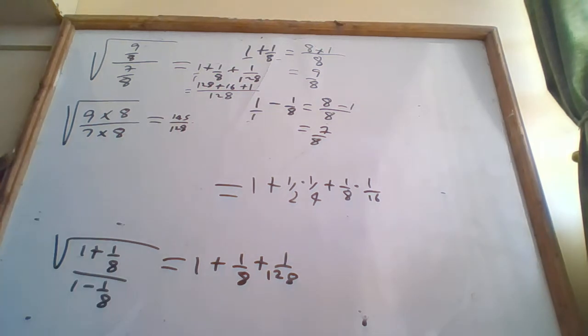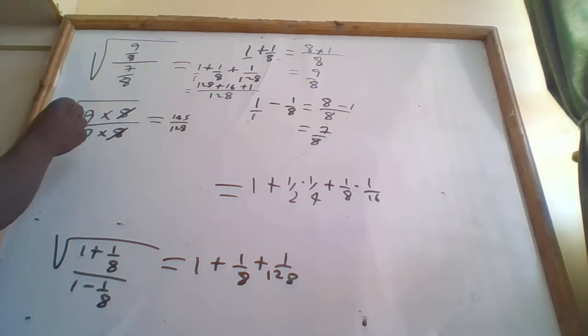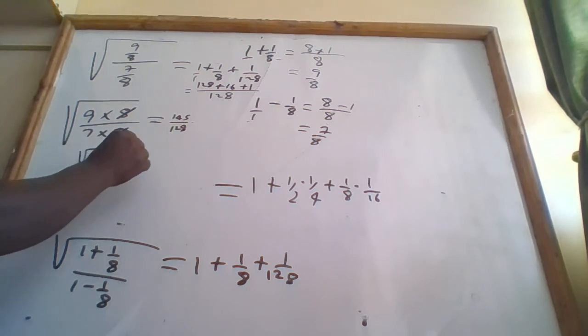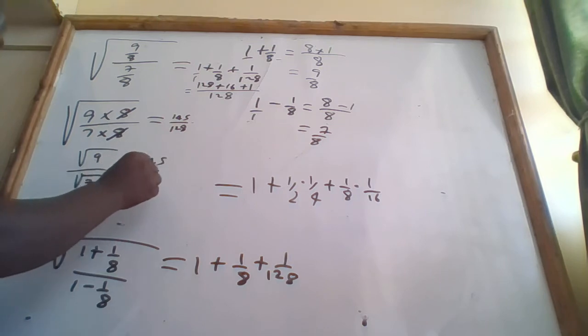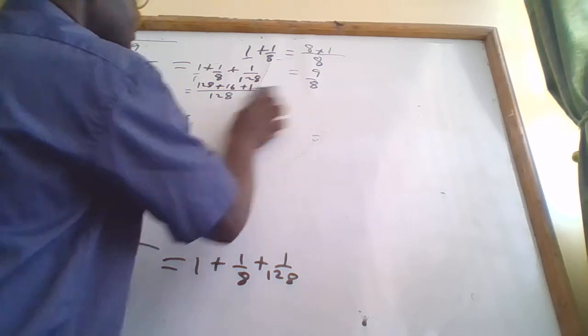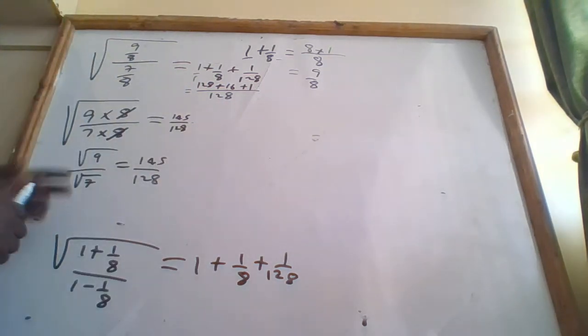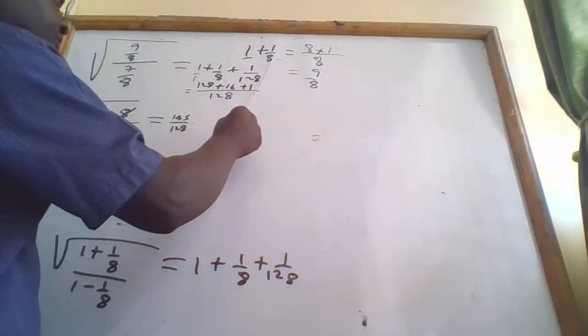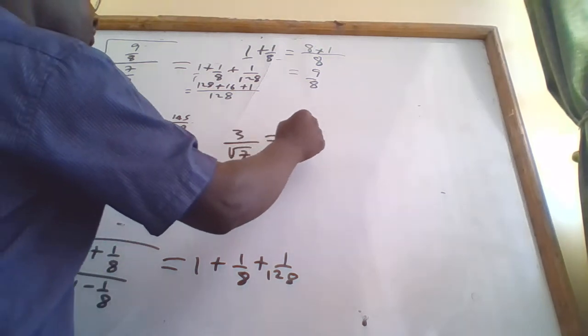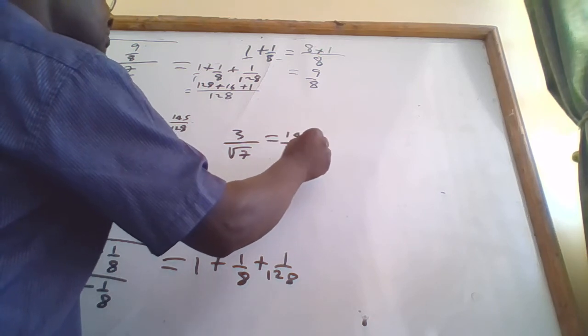So 8 and 8 cancel out, and we remain with root 9 over 7. So this is the same as root 9 over root 7 equals 145 over 128. But root 9 is 3. We have 3 over root 7 equals 145 over 128.